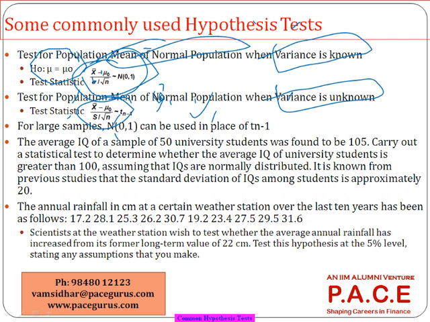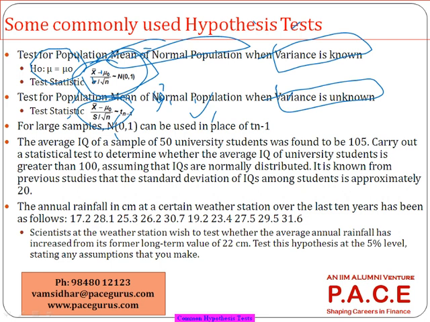If the sample size is much larger, probably greater than 30, 40, 50, even though the population variance is not known, we all know that the t distribution converges to a large extent to the standard normal distribution.